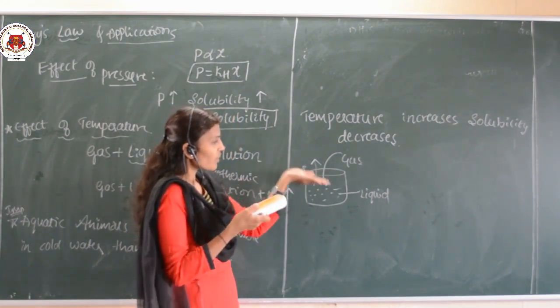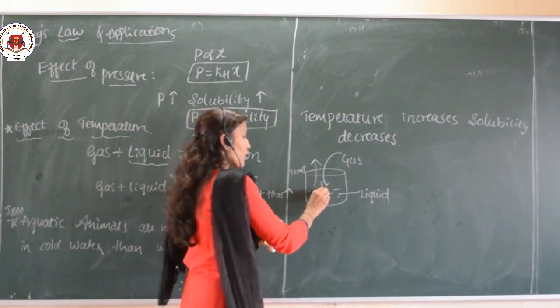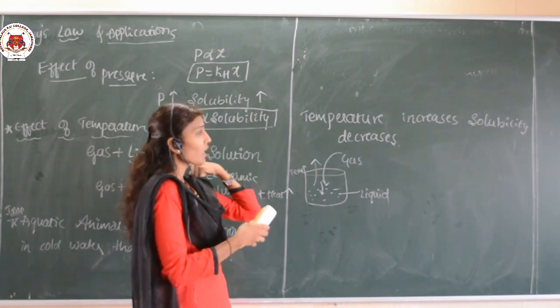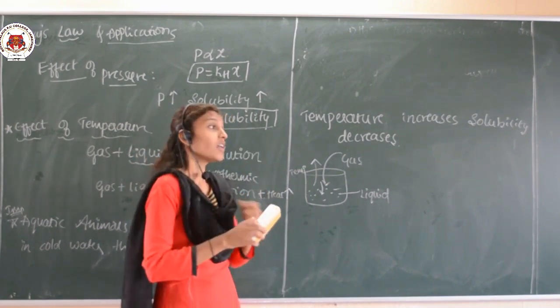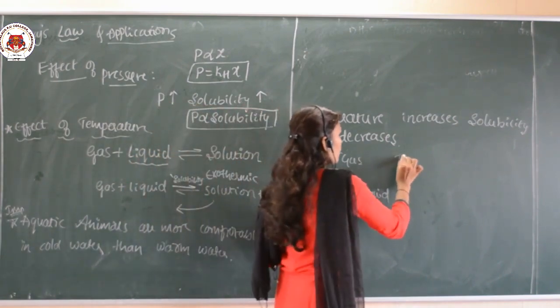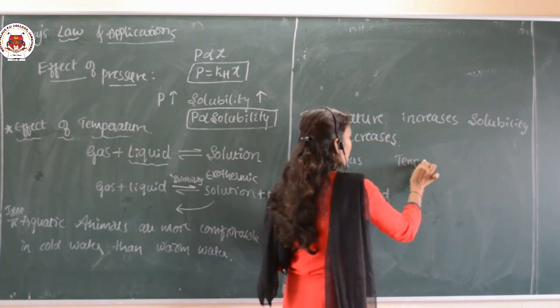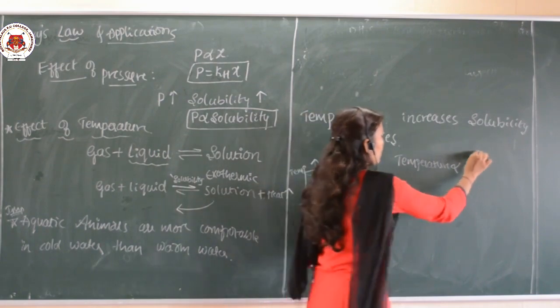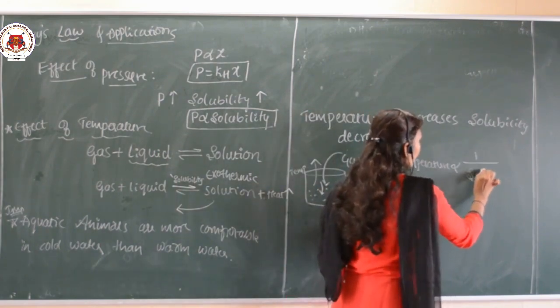As the molecules escape from the surface, they cannot get dissolved. That is why the solubility decreases as the temperature increases. So the temperature has an inverse relationship with the solubility.